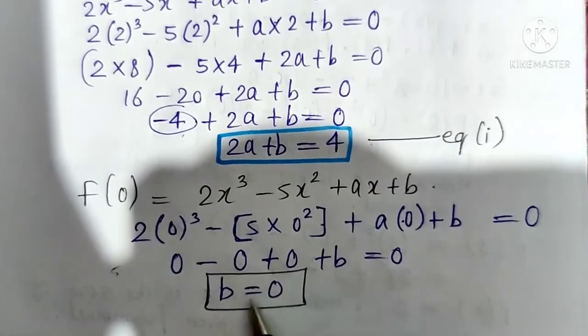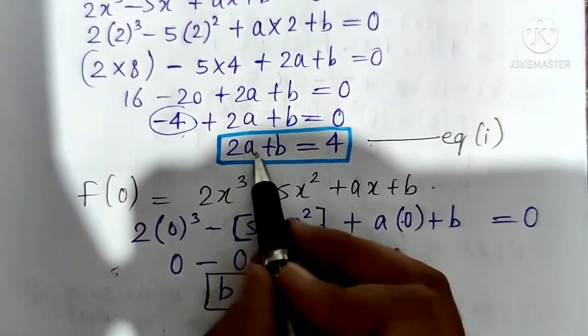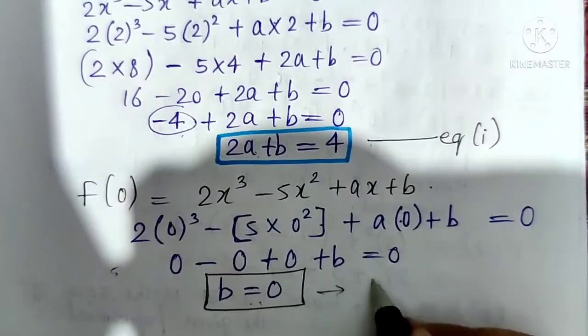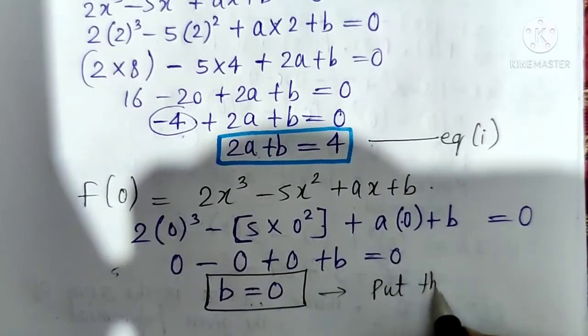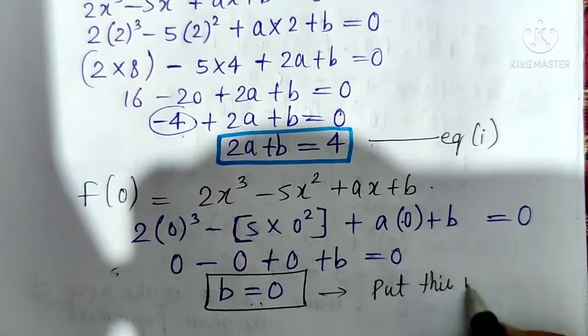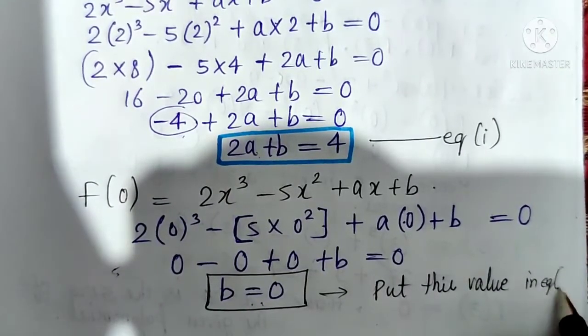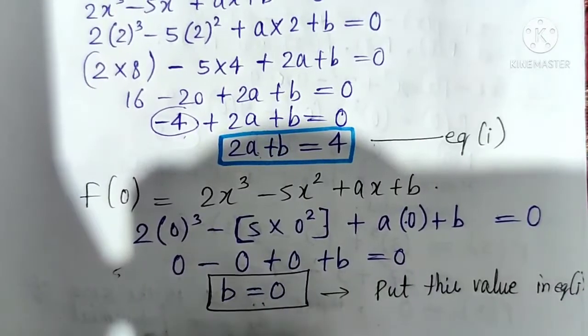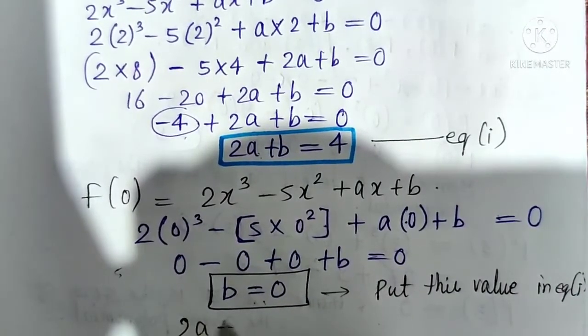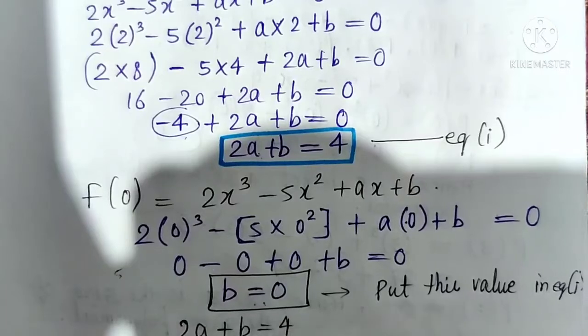We can put this value of b in equation 1. Equation 1 was 2a plus b equals 4.